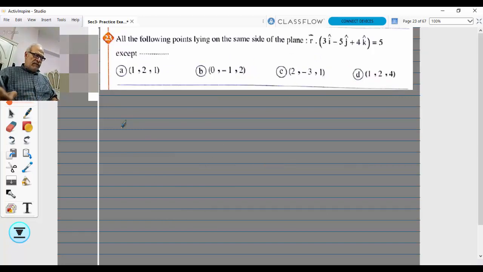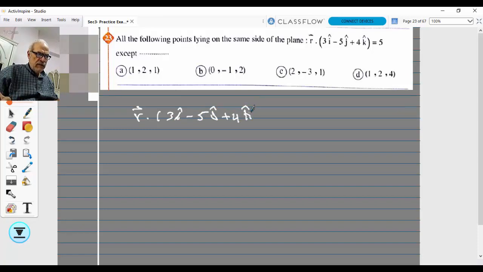Next question. All the following points lie on the same side of the plane r dot (3i minus 5j plus 4k) equals 5, except one of these. Solution.